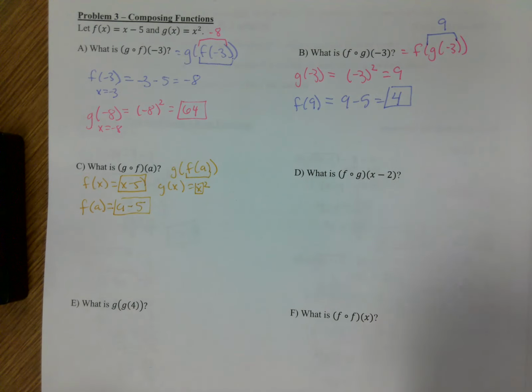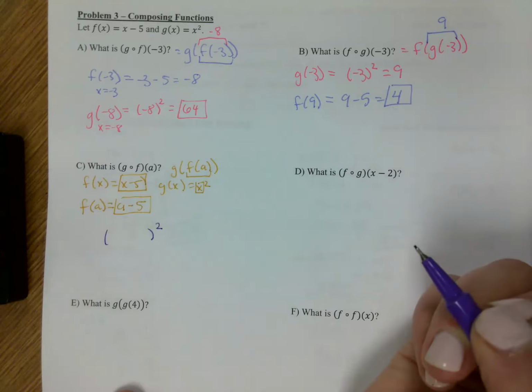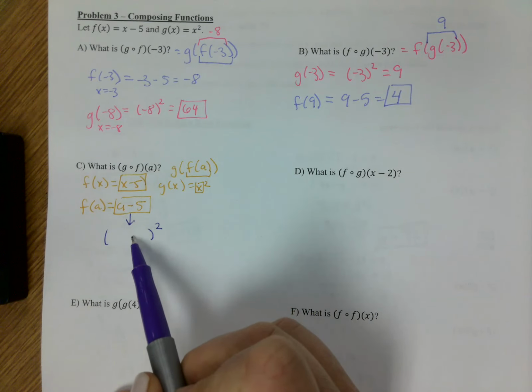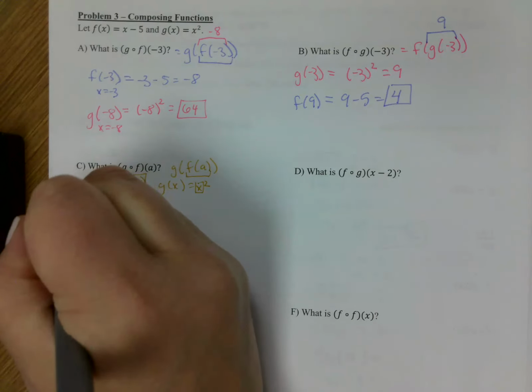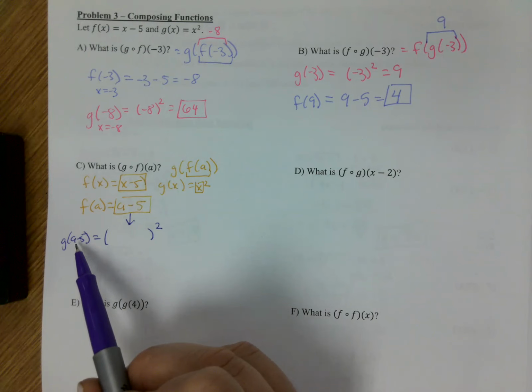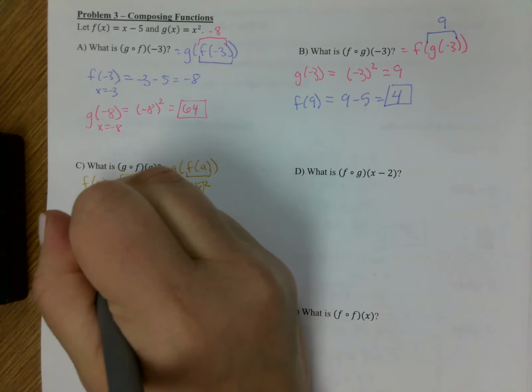So when I put that inside, this g of x is saying x squared. This whole thing goes in place of your x, because what I'm actually putting in is that new equation. Plug a minus 5 in for x. So this right here would be my final answer.